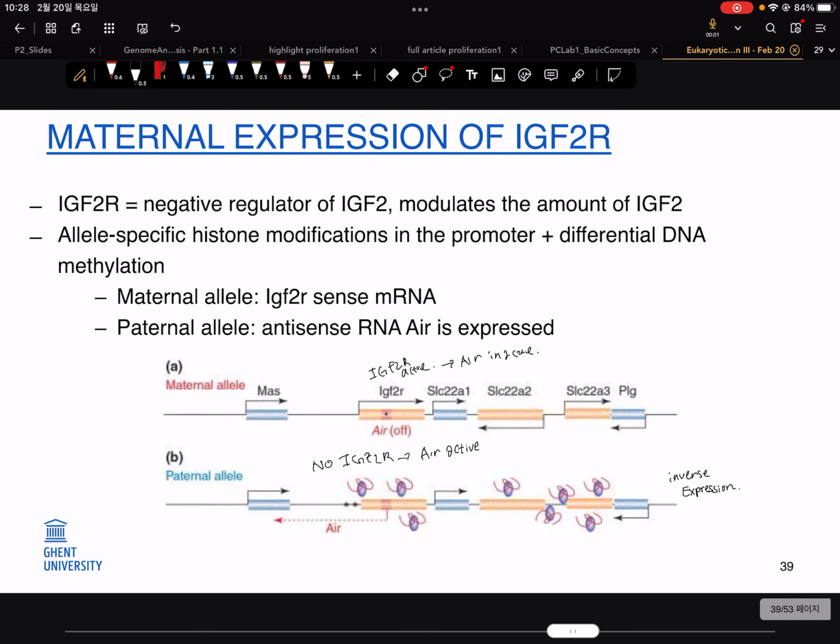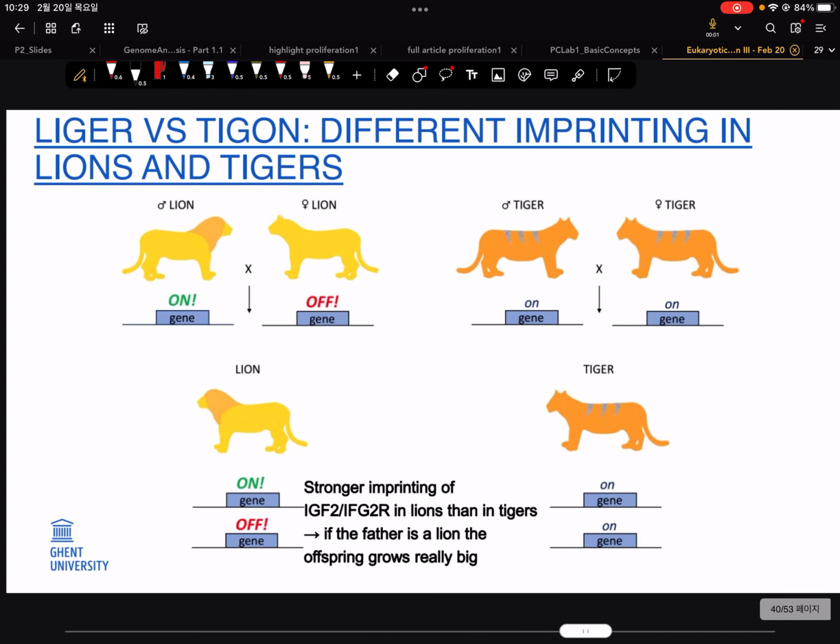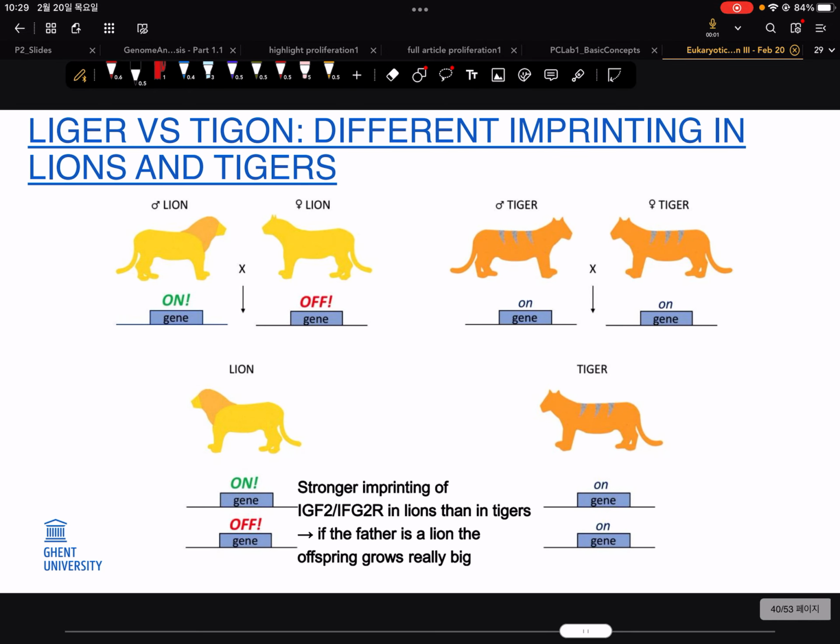There is a little bit of differential DNA methylation, but not so much. It's mainly the histone modifications that are strongly different between the two. And you see different expression patterns here on IGF2R, here mainly AIR, and then some other genes close by are biallelically expressed. So certainly not for all genes on this locus do you see this monoallelic expression pattern. These are things that are best studied, and still we don't know everything about it.